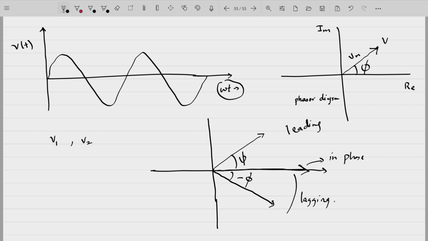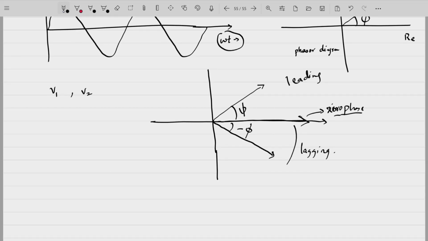You can say zero phase, or let me write it as zero phase. We will study power factor ahead, so this will become even clearer there. So you can have three different vectors. One vector can be in the first quadrant. All those vectors that are plotted in the first quadrant will be referred to as leading vectors.